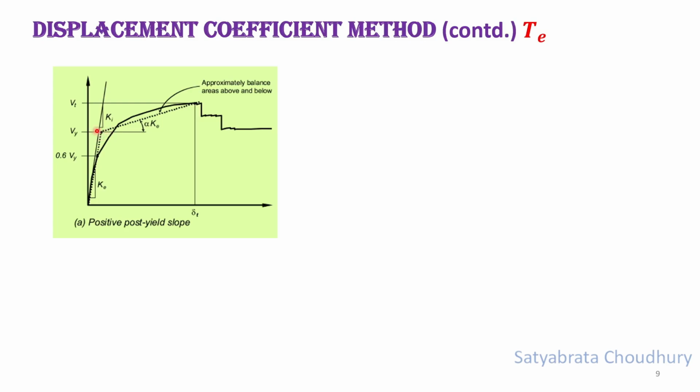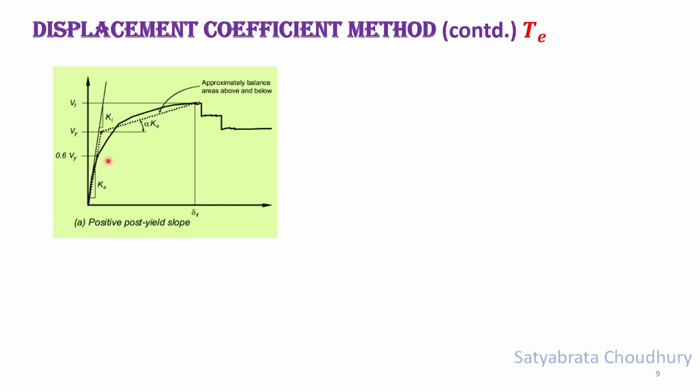This point is your yield point. As a consensus, this is declared as the yield point, and the corresponding base shear to this point is the yield base shear, and the base shear corresponding to the target displacement is the Vt, target base shear, and you have a point here at level 0.6 Vy.